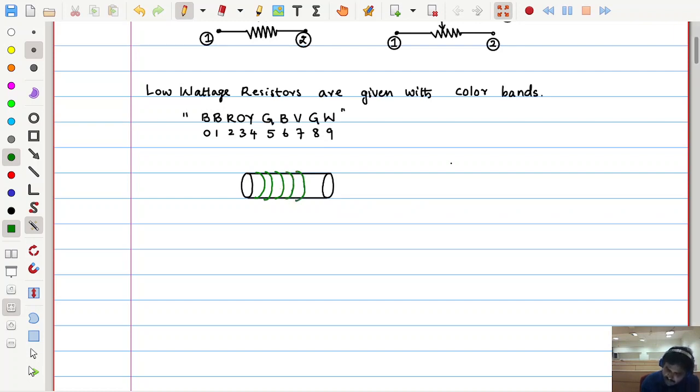Let us say 5 bands. Now each corresponding band I will write as B1, B2, B3, B4 and B5.